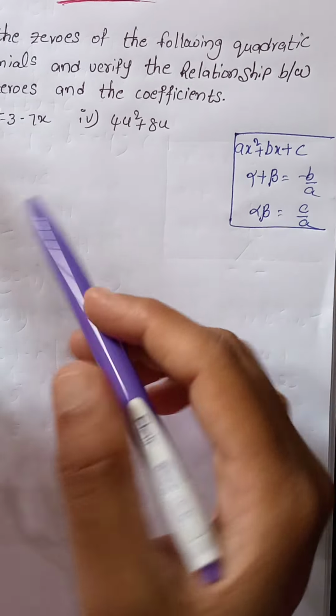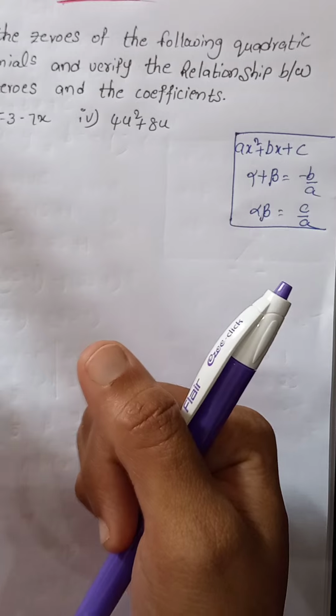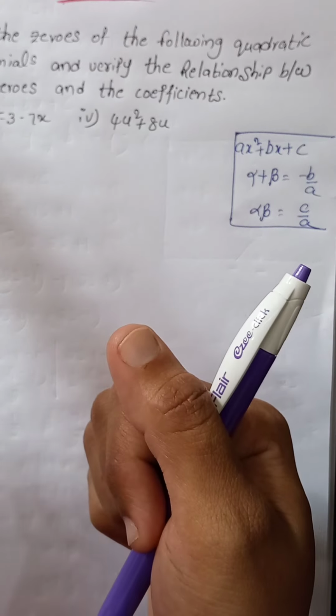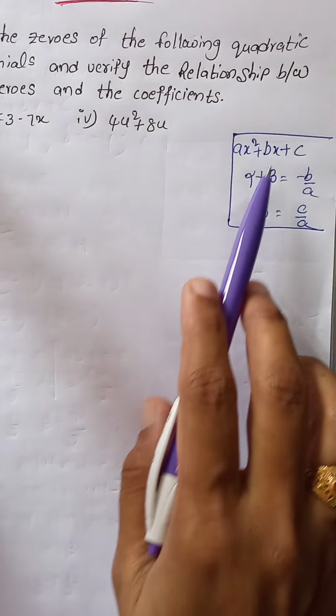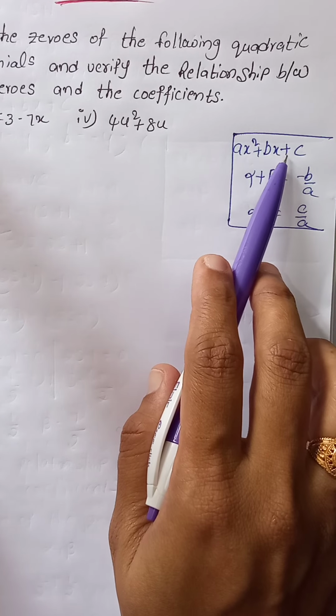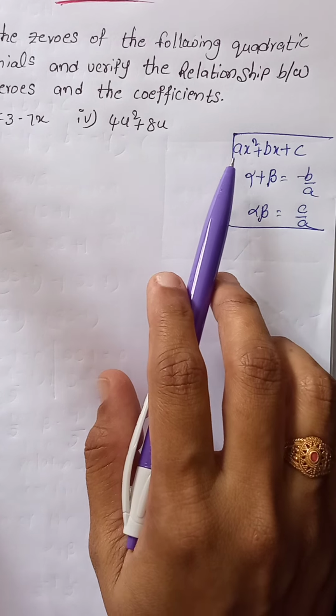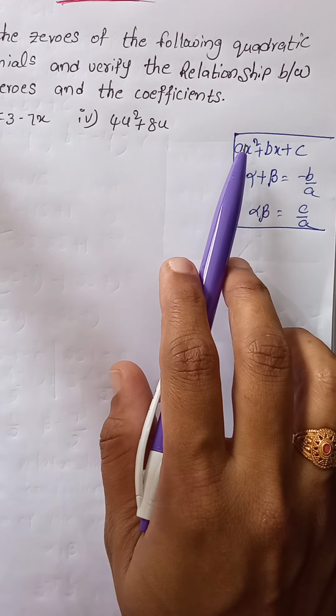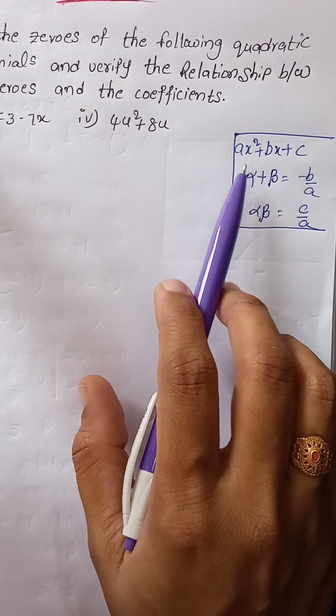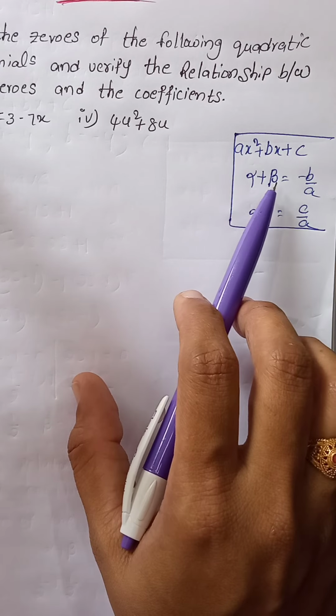Now you need to understand what is the relationship between zeros and the coefficients of the terms. By factorizing this quadratic polynomial, you will get two zeros. For a quadratic polynomial, we have at most two zeros. So let us assume those zeros as alpha and beta.